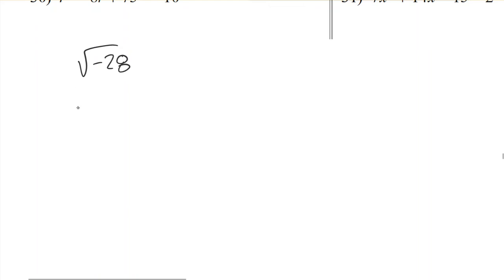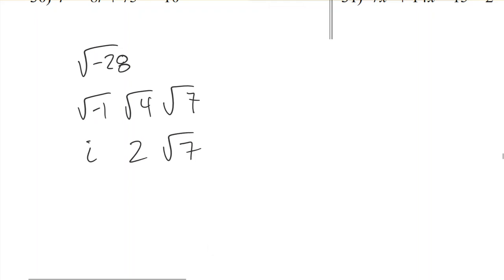Oh, 7 and 4. All right, so this is negative 1, square root of negative 1, square root of 4, square root of 7, right? Square root of negative 1 is i. Square root of 4 is 2, and square root of 7 we can't simplify, so this makes 2i square root of 7. Our next one, square root of negative 9 over 16.